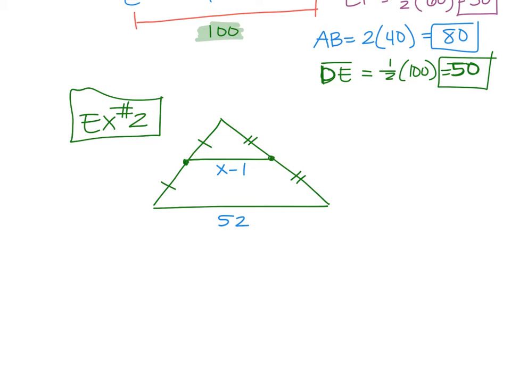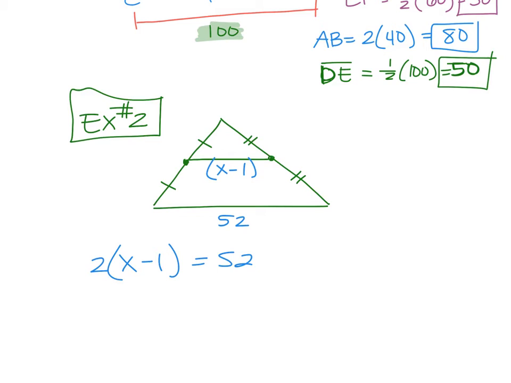Okay, so there's 2 ways you can set this up, and I don't care which way you use. I feel like sometimes people forget to use the distributive property, so maybe it's better to use the other, but that's up to you. You could double this, right? So if I take 2 times x minus 1, make sure you put parentheses around it and set that equal to 52.